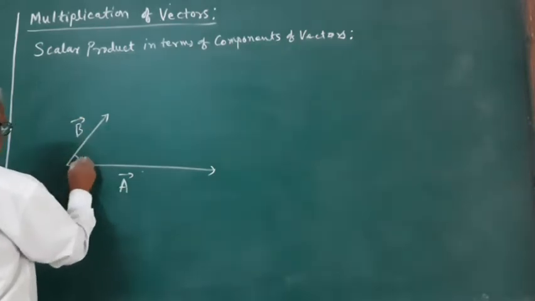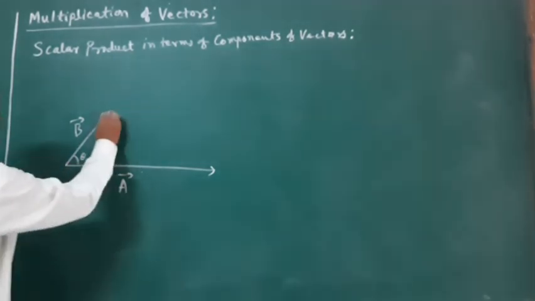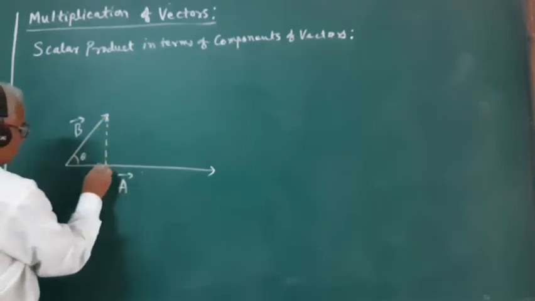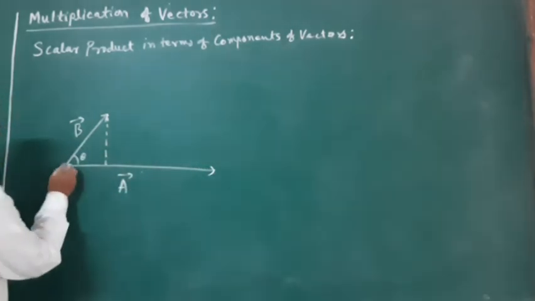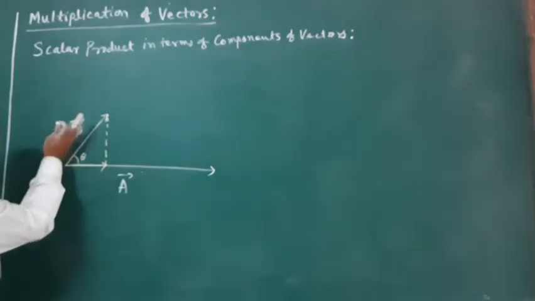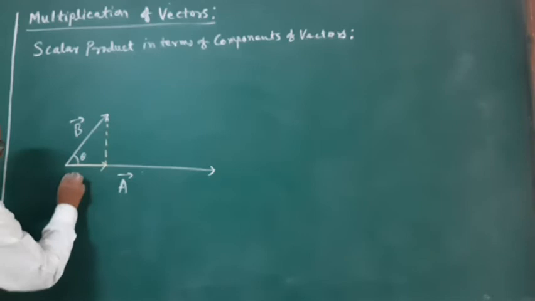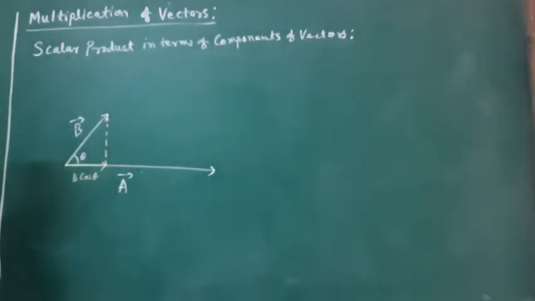The angle between the two vectors is theta. If we draw the projection from the end point of the vector B bar on the direction of A bar, then this is nothing but the component of B bar in the direction of vector A bar, and this is equal to B cos theta.